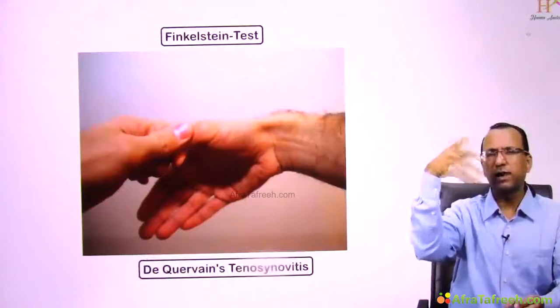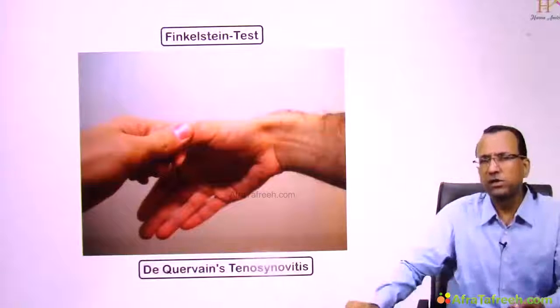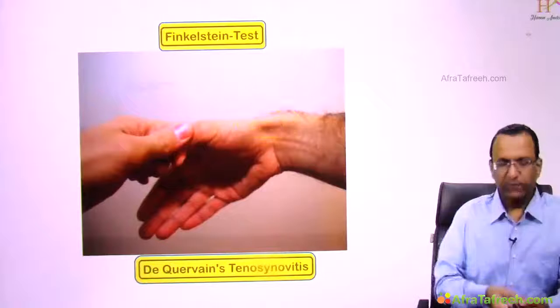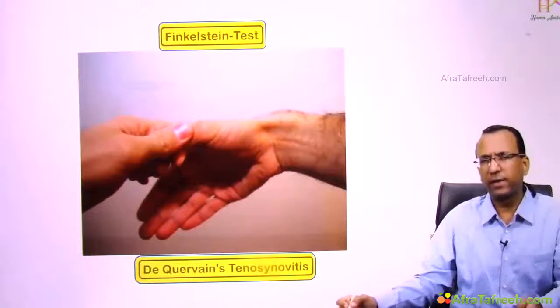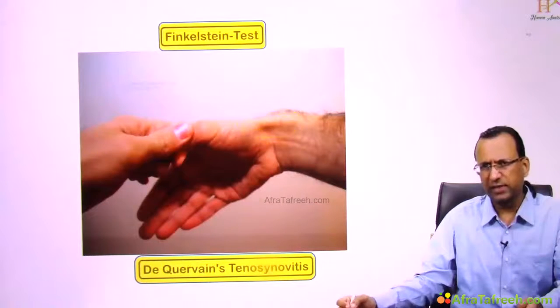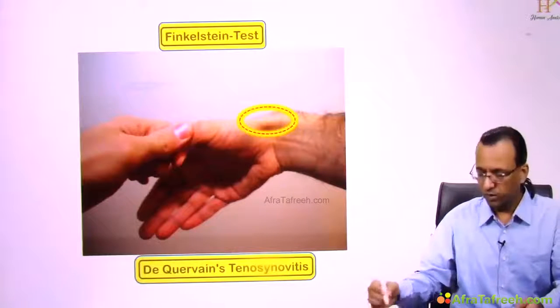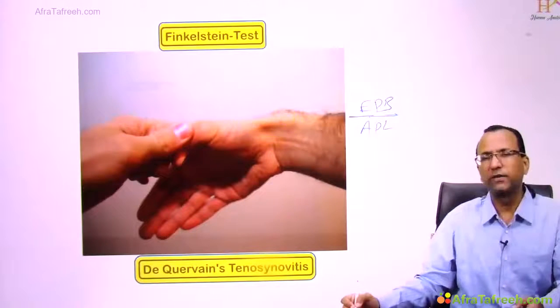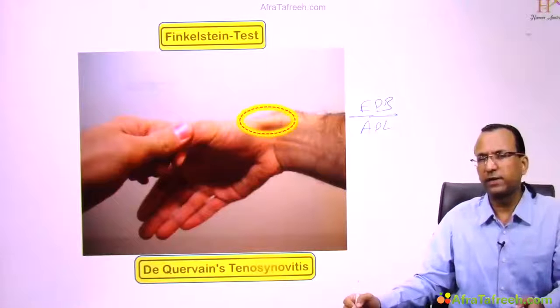Why is it painful? Because these two tendons are inflamed, the anterolateral boundary of the anatomical snuffbox. Which two tendons? Extensor pollicis brevis and additionally abductor pollicis longus. These two tendons are inflamed in De Quervain tenosynovitis.